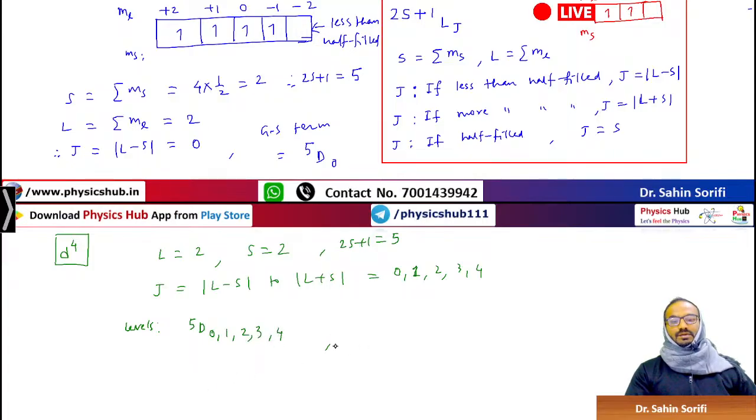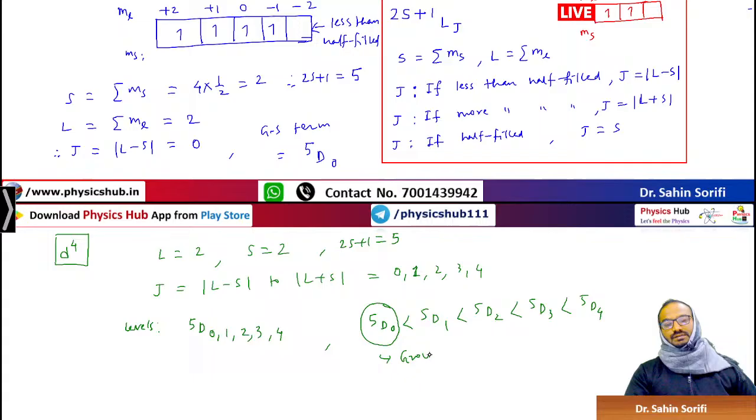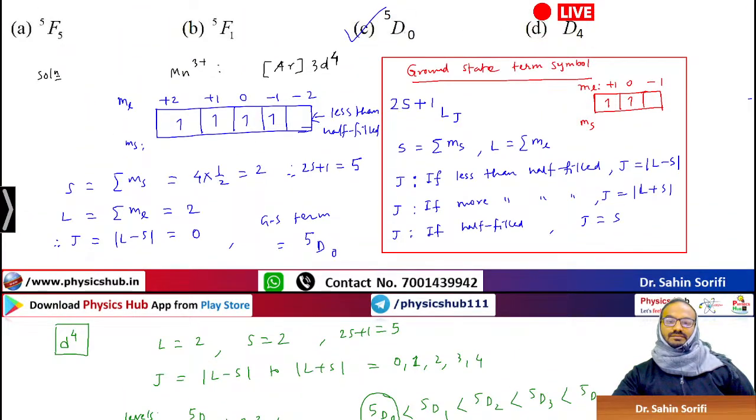Because this is less than half filled, we can write 5D0, 5D1, 5D2, 5D3, 5D4. Which one is lowest? 5D0. This is the ground state.